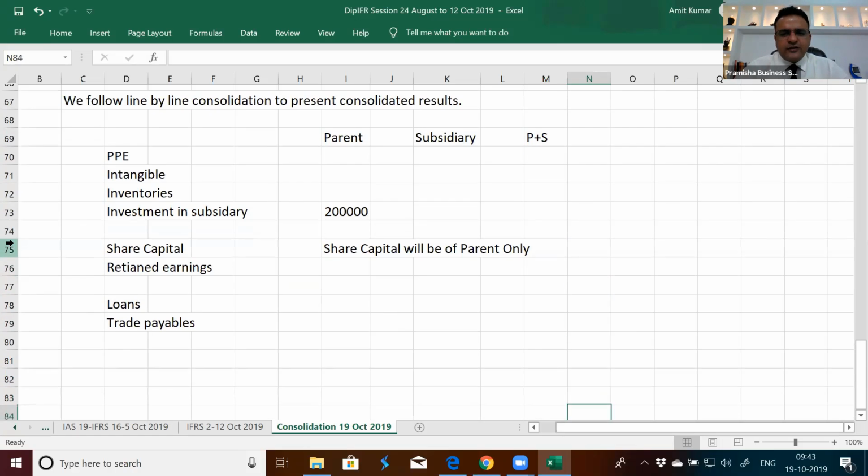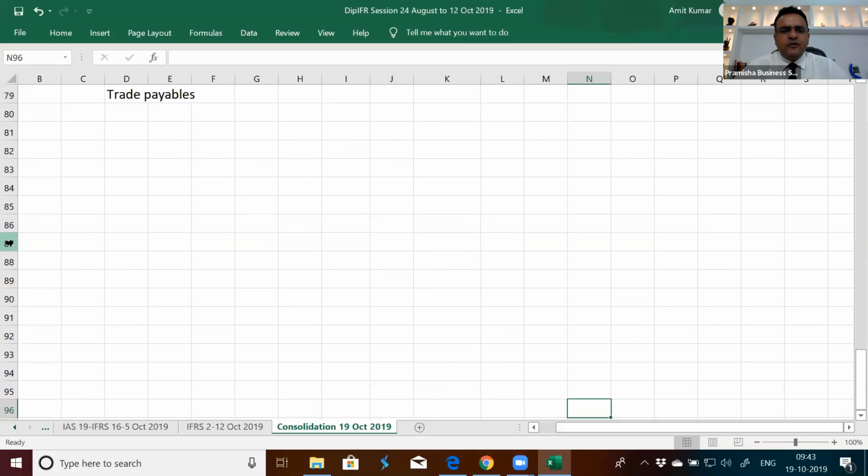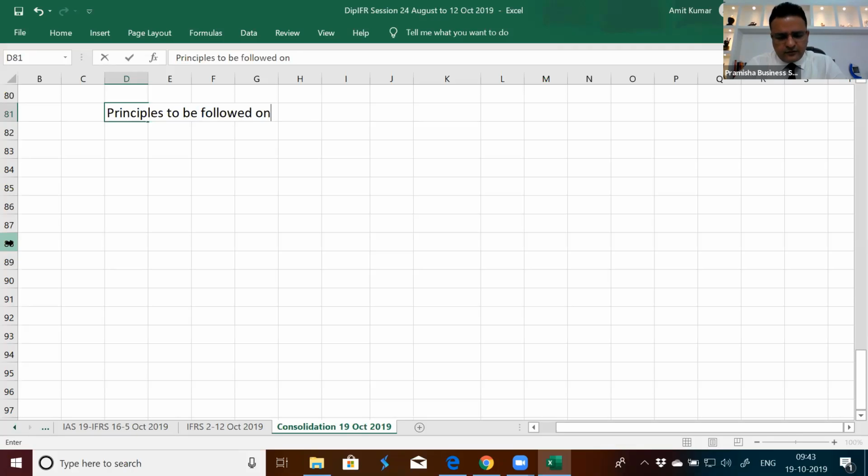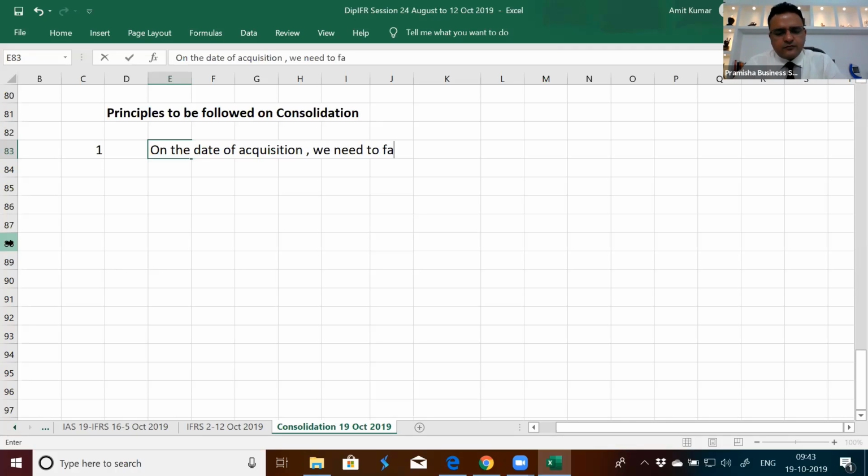So in consolidation, there are some principles which you need to follow. Principles to be followed on consolidation. One, on the date of acquisition, we need to fair value the net assets of subsidiary.